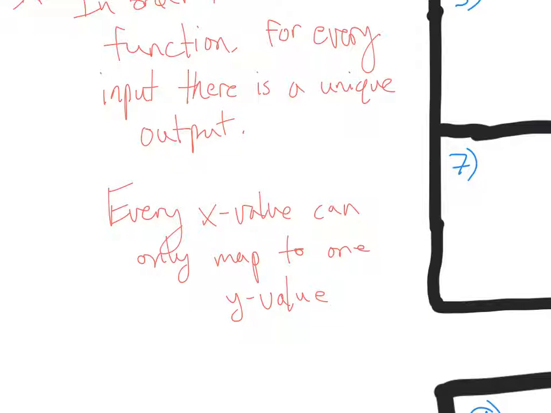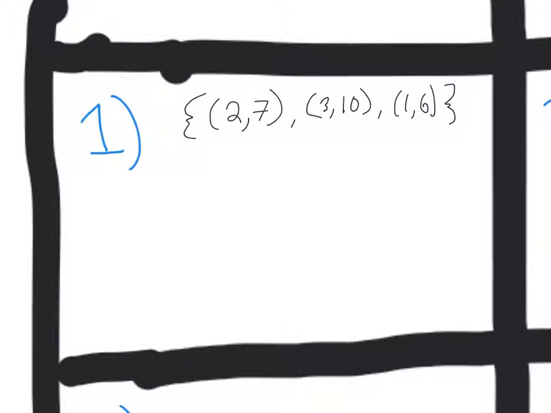Okay, so let's go ahead and check out a few examples from your homework, starting out with number 1. For number 1, we are given this set of coordinate pairs. First thing that we have to do is find the domain and the range, so that's pretty straightforward.